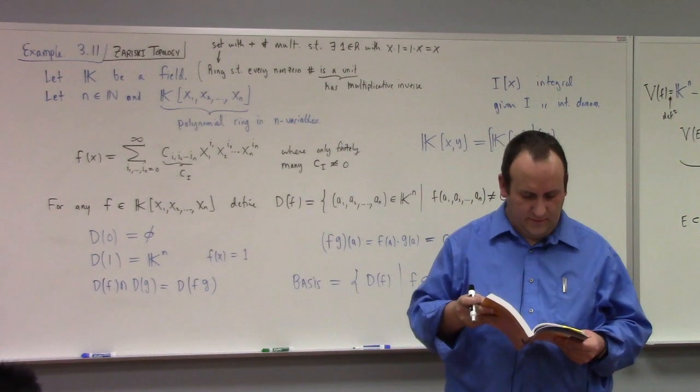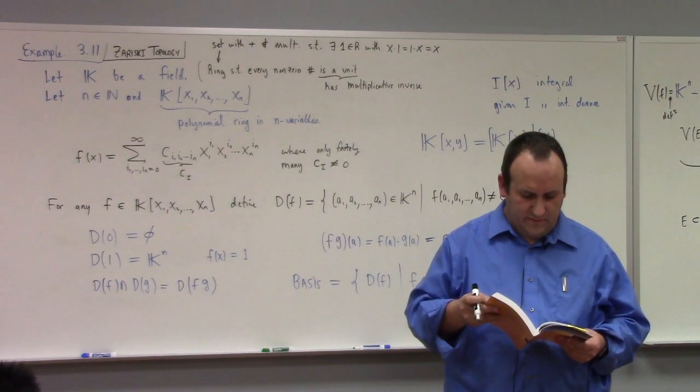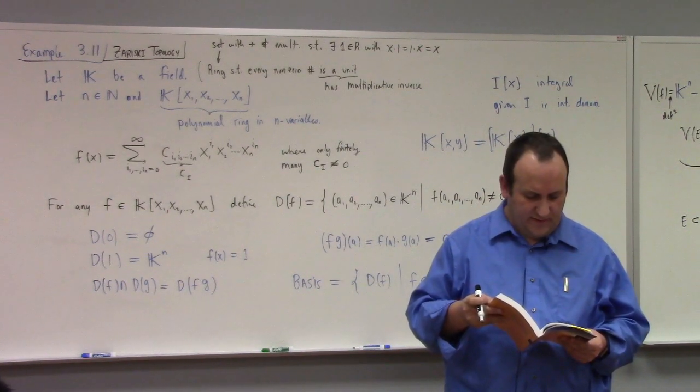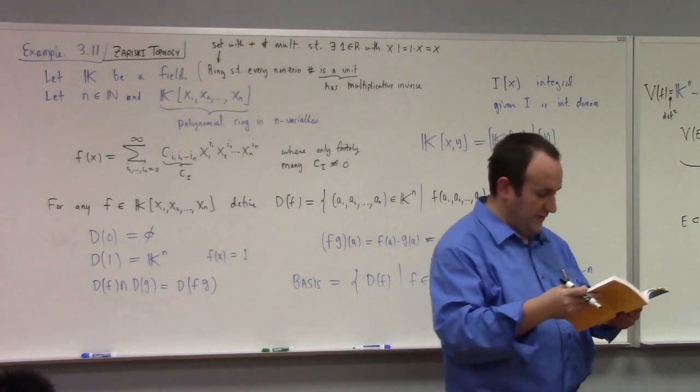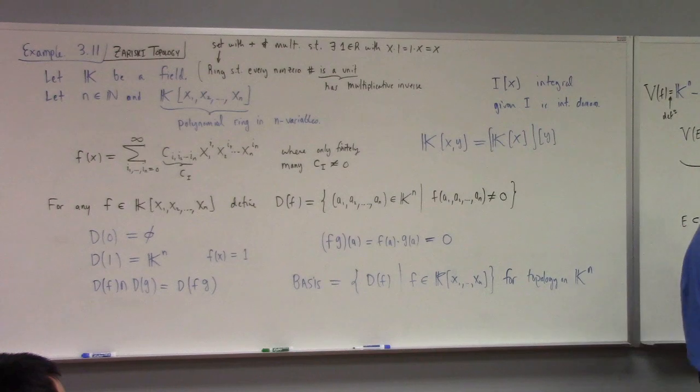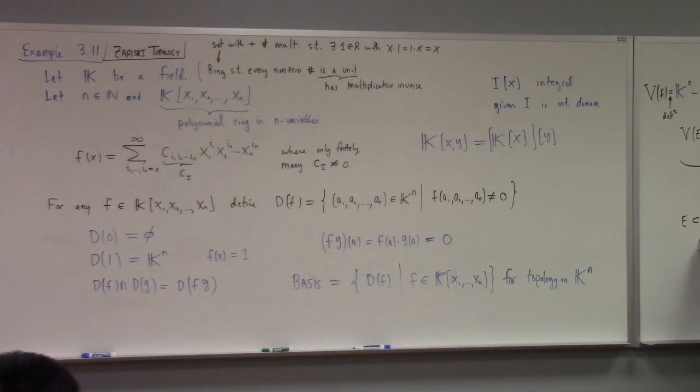Anyway, further, the Zariski closed subsets are precisely the subsets of the type VI as I varies among the ideals of the polynomial ring. So anyway, he's making a connection between the possible closed subsets of the Zariski topology and the possible ideals of this.